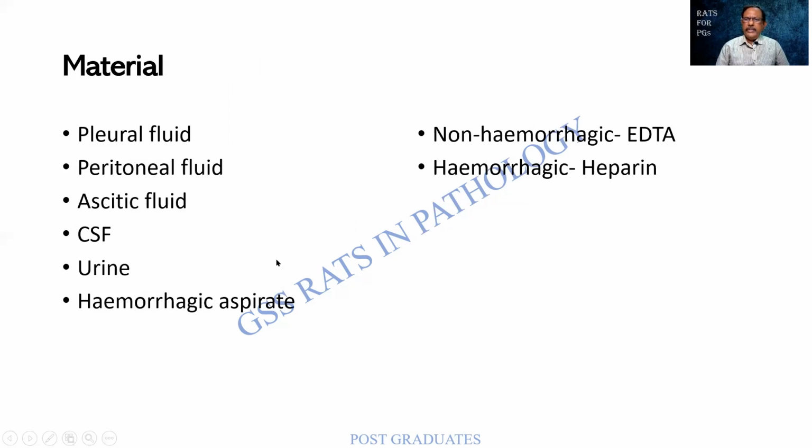And the different fluids that could be sent to us for this can be any of the cavity fluids, pleural fluid, peritoneal fluid, ascitic fluid, CSF, urine, and hemorrhagic aspirates also. If it is going to be non-hemorrhagic, you treat it with EDTA, and if it is going to be hemorrhagic, anticoagulants such as heparin can be used so as to prevent fibrinization or any clot.